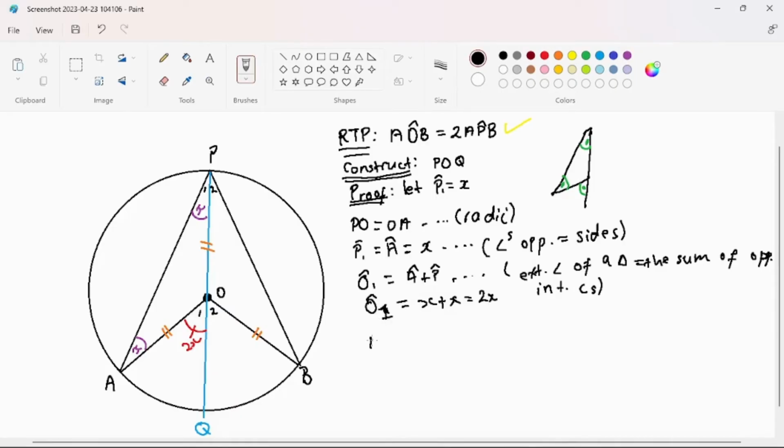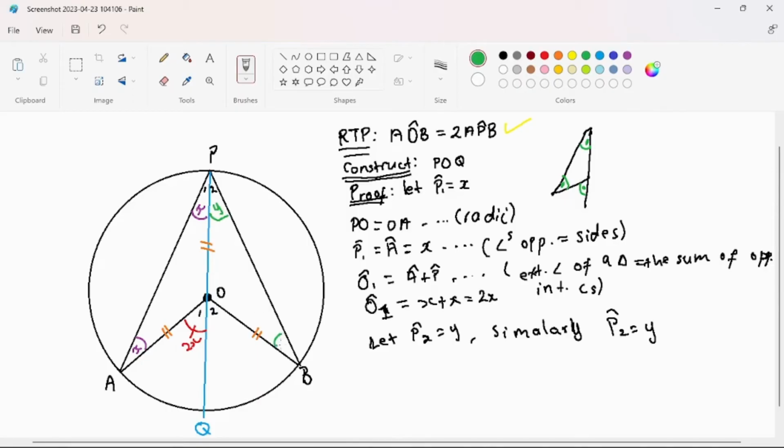Okay, on the other side, guys, we are going to say let P2 equal Y. And then similarly, this thing is going to happen to our P2. What do I mean by that? We are going to have Y at the top here, right?